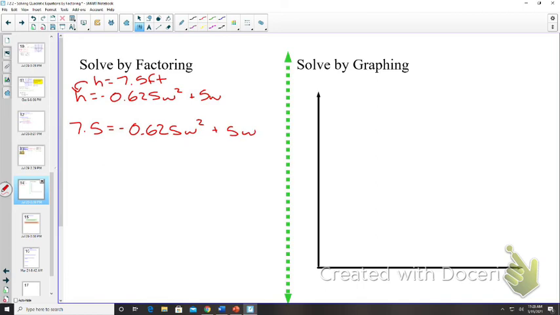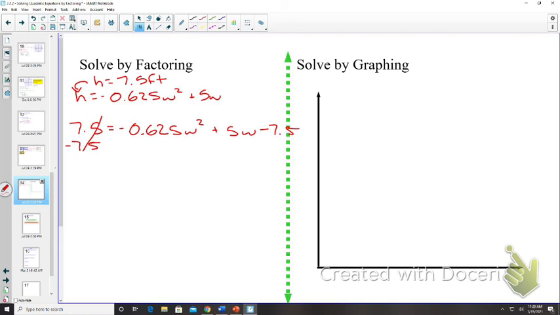When we're factoring, Logan, what do we want our equation to be equal to? 0. So how am I going to make it equal to 0? Get rid of the 7.5. Sure, so we'll take 7.5 away from both sides. And remember, there are two things we always want to factor out: a negative and a fraction or decimal.